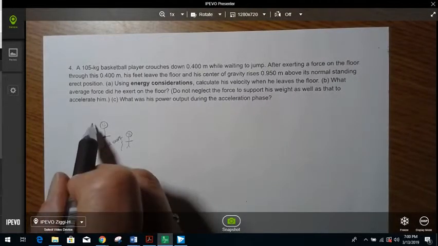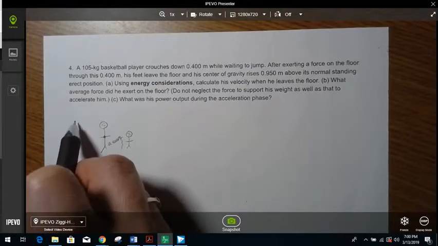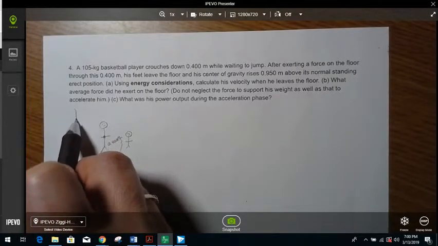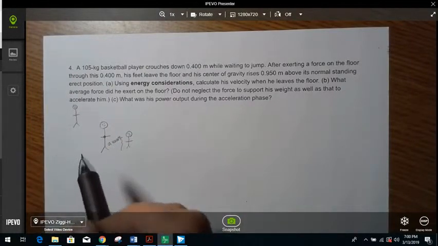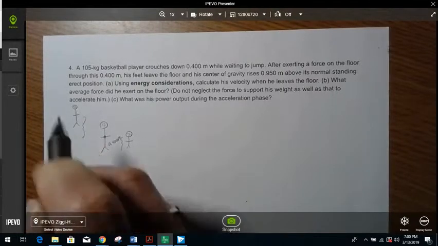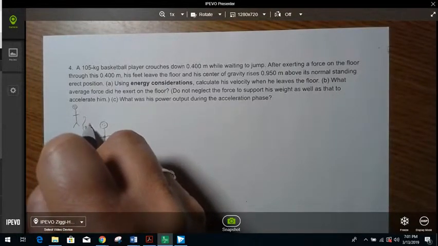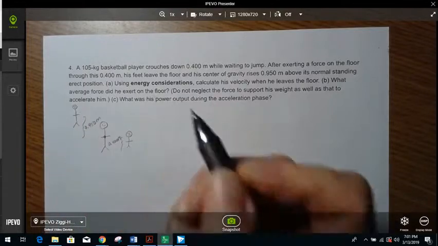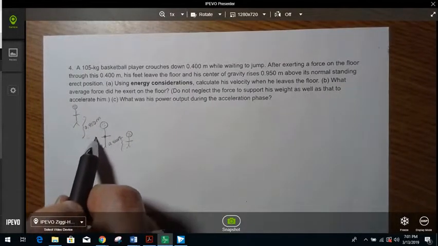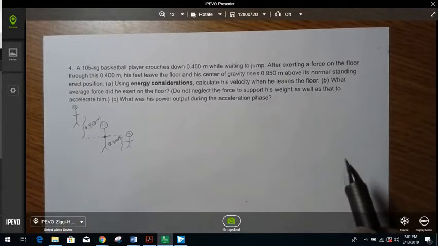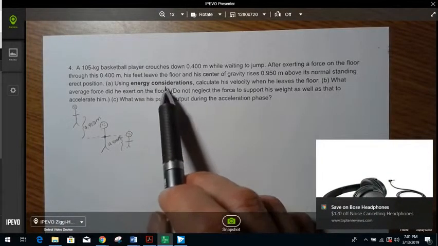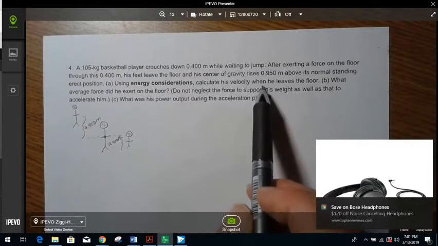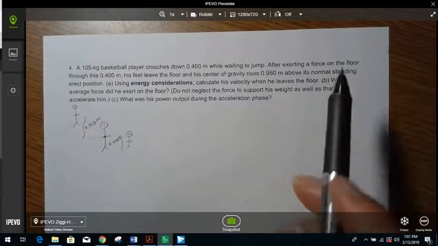So he's now jumped, and he has ended up 0.950 meters above his center of gravity where he started. Now use energy considerations to calculate his velocity when he leaves the floor.